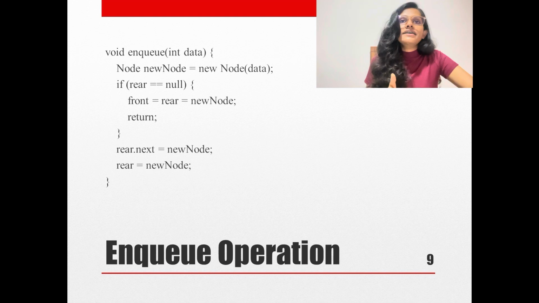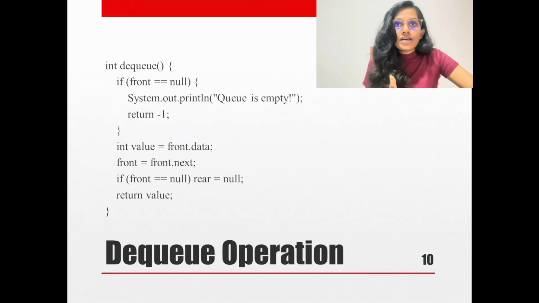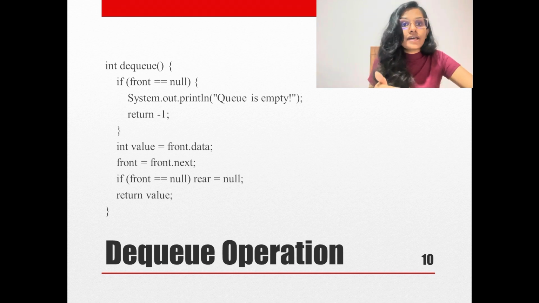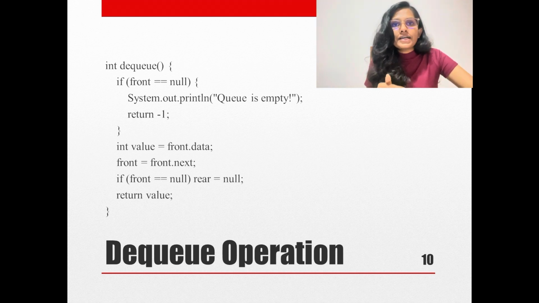Let's check the dequeue operation. I have shown in the code that in the first step we check if the queue is empty. If there are no elements to remove, we print an error message and return -1. In the next part, we take the value front.data and keep it in a variable called value.